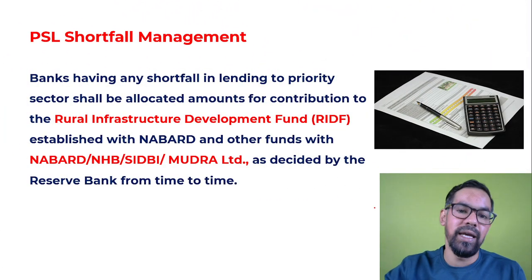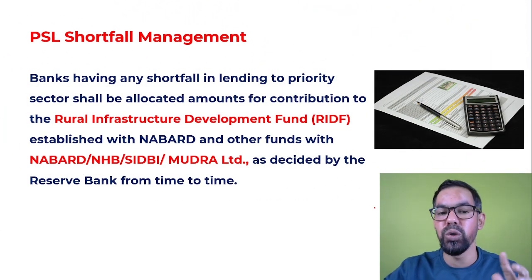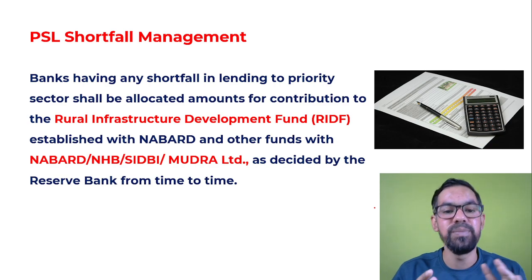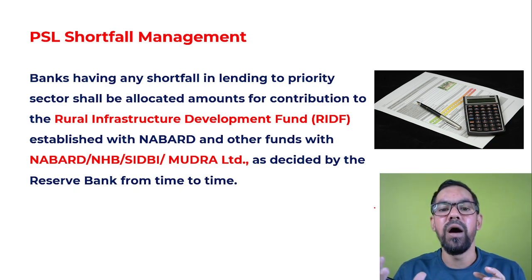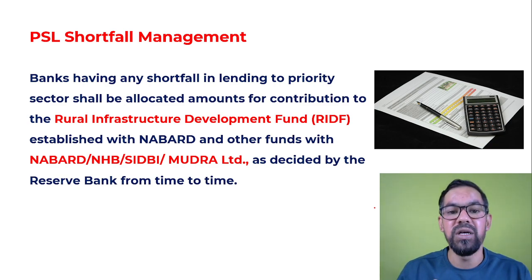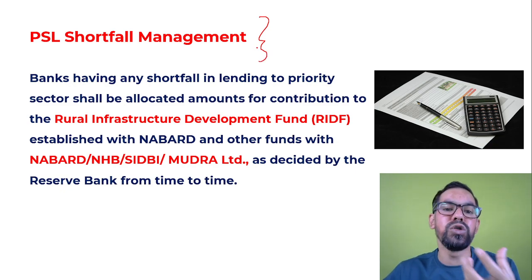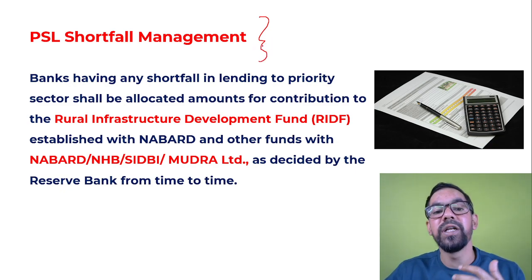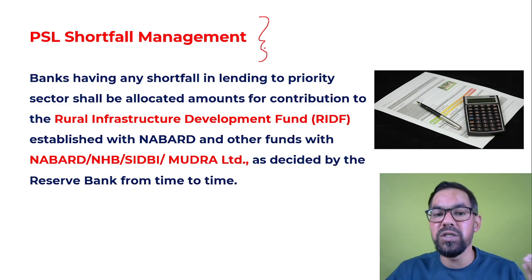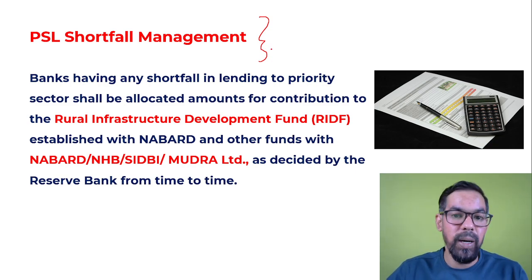Now, the second case. Case one was that they can buy the PSL certificate from those banks who have landed in surplus. Second, they can also deposit that money: if it is an Indian bank, they can deposit with RIDF under NABARD, and if it is a foreign bank, they can deposit with SIDBI or Mudra or other schemes.